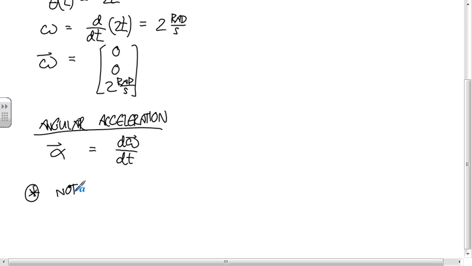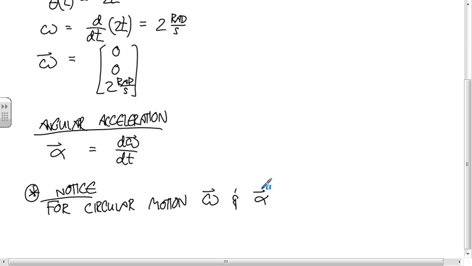Notice, for circular motion, the angular velocity vector and the angular acceleration vector have to be parallel.